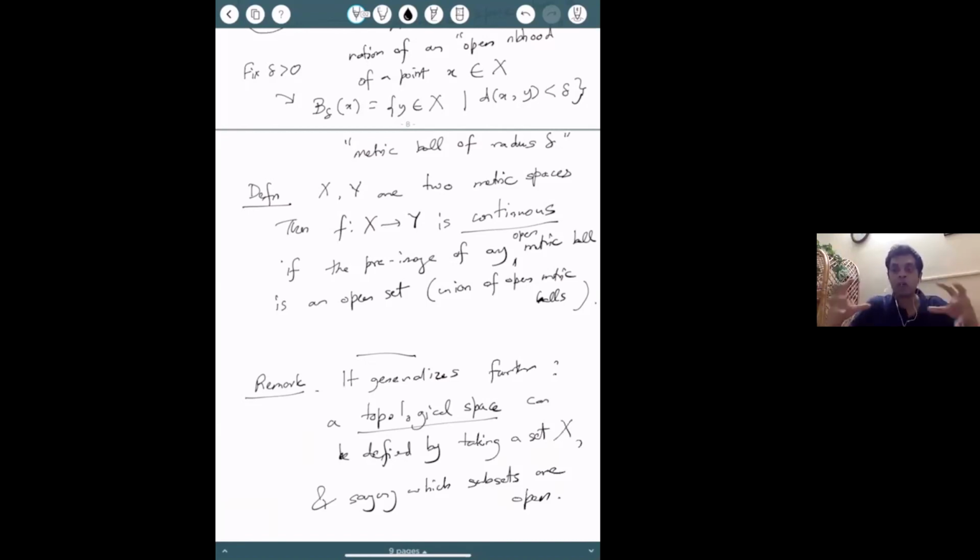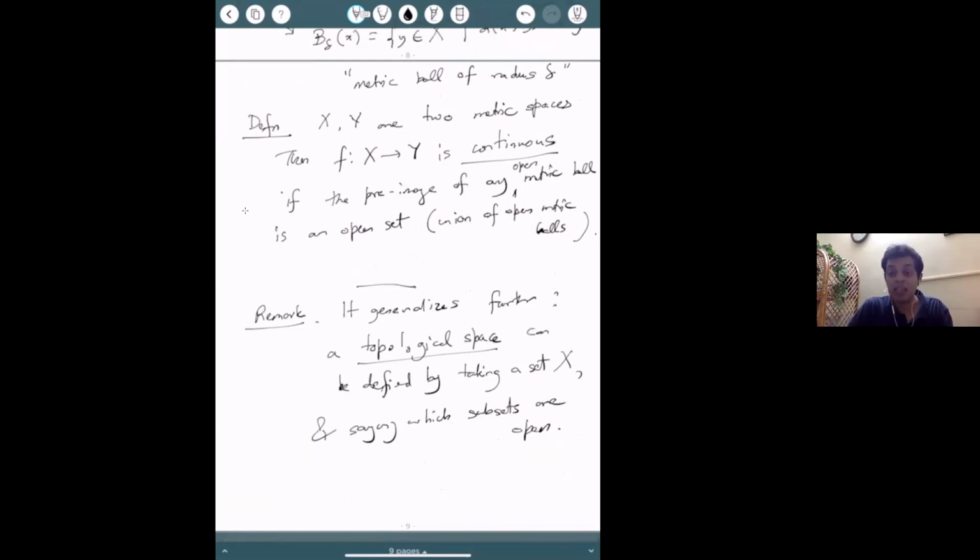This notion of neighborhoods is abstractly packaged in this collection of open sets, which in turn can be used to define what a topological space abstractly is. But for most practical purposes, the topological space that's used for us is a metric space, where there is a notion of a neighborhood that comes from the metric.